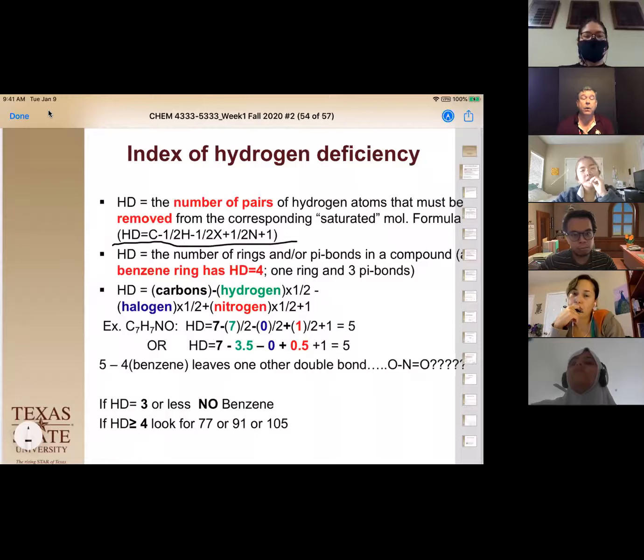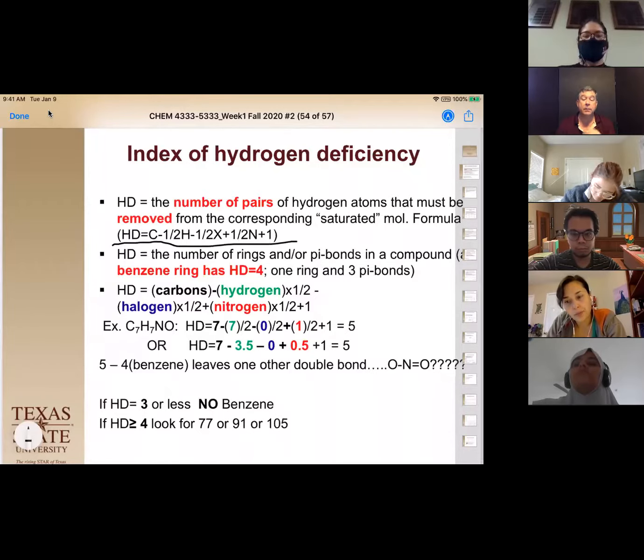Okay, so if we do our calculation and we have a hydrogen deficiency that is 3 or less, that means we don't have a benzene ring. Okay, if we do have a hydrogen deficiency of 4 or greater, then we want to start looking for fragments that are associated with benzenes or benzenes with CH2s next to it.